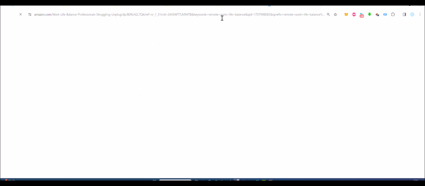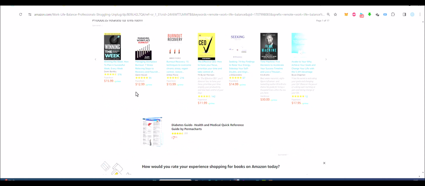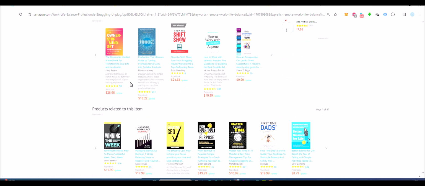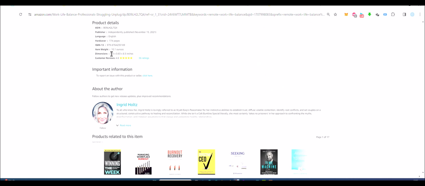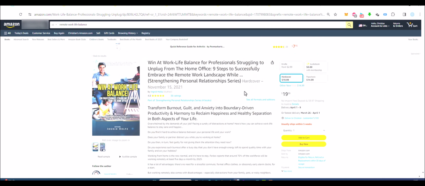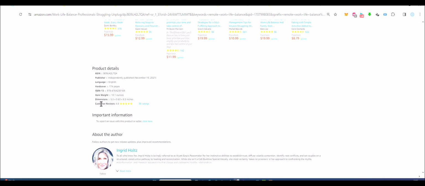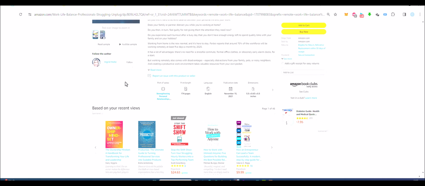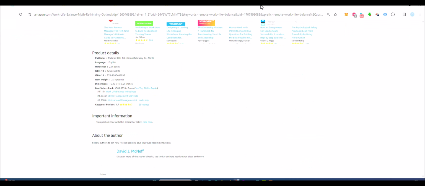Also a bit high. Okay, we don't even see a BSR, which is not a good sign. Where's the BSR? Okay, strange, we don't even get a BSR, but the book obviously has reviews, so it has been selling.